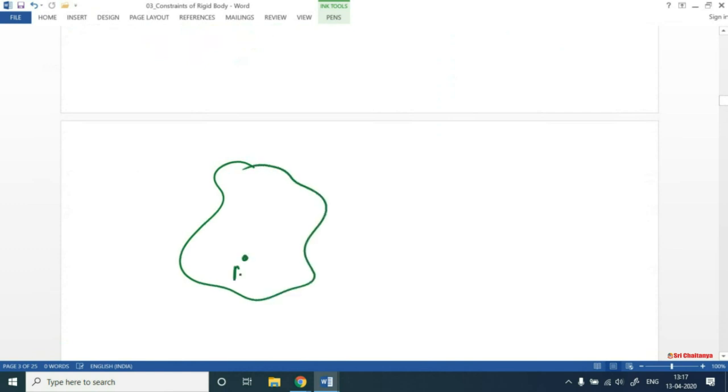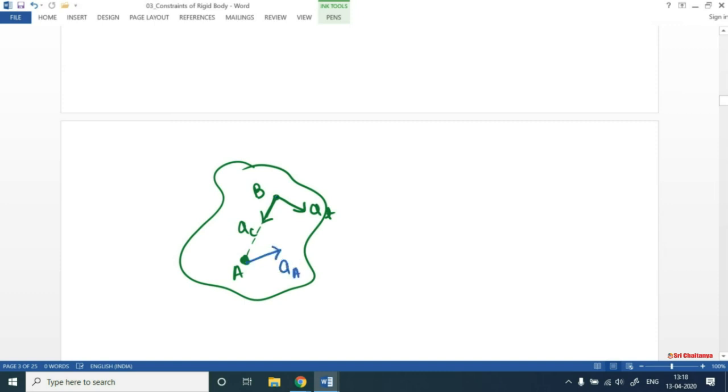And in ground frame of reference, let's say this is point A and this is point B. We are able to find out the centripetal acceleration and the tangential acceleration with respect to point A. But point A, let's say, also is moving with some acceleration AA.